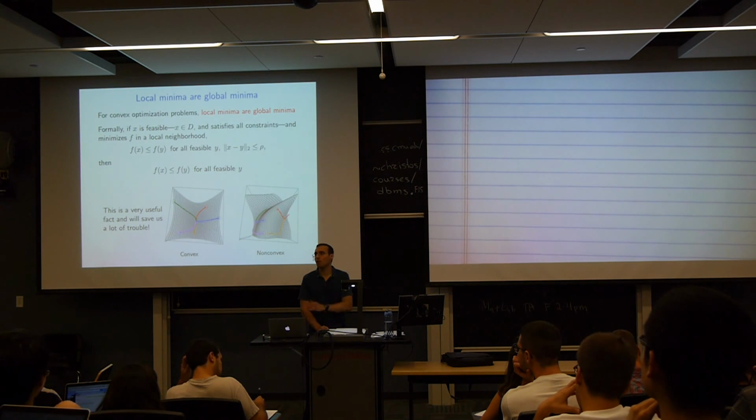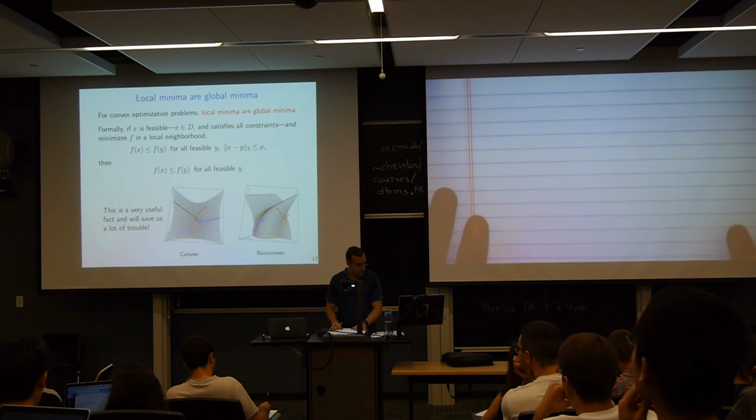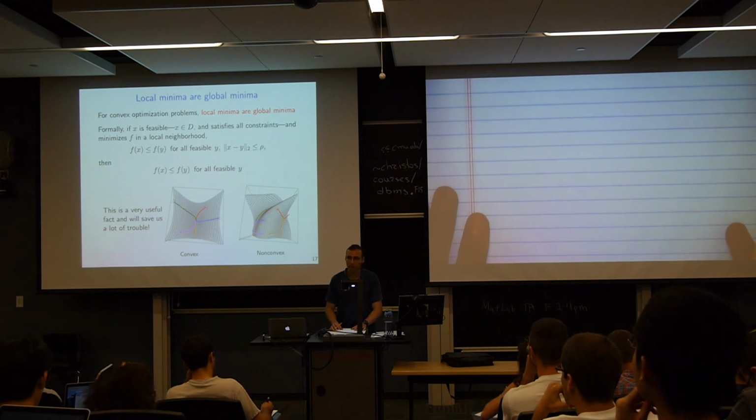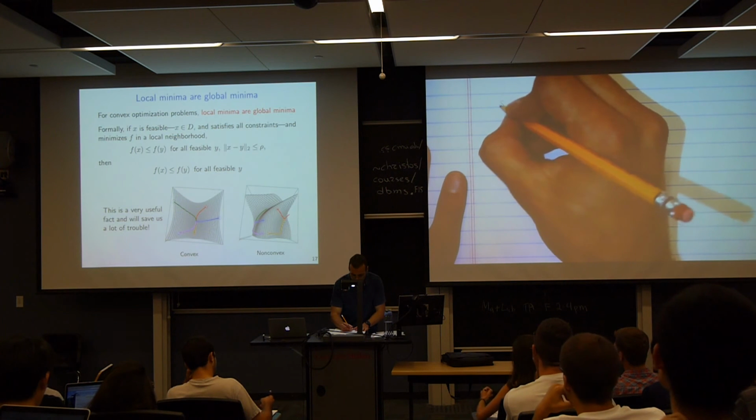That actually implies global optimality. It means that there's no other point y that's feasible that has a smaller criterion value than x. Let's prove that. We're going to proceed by contradiction.